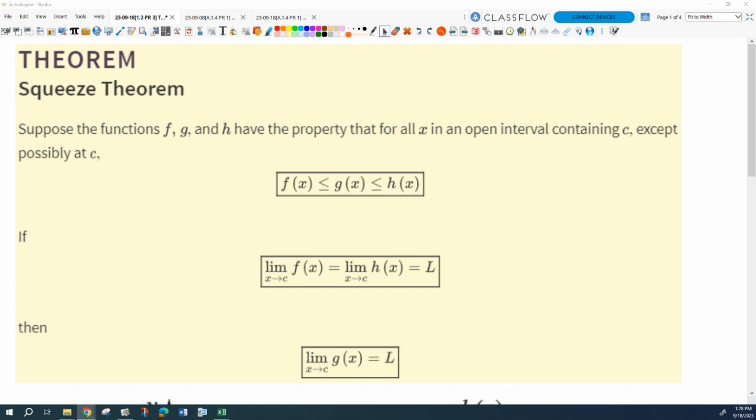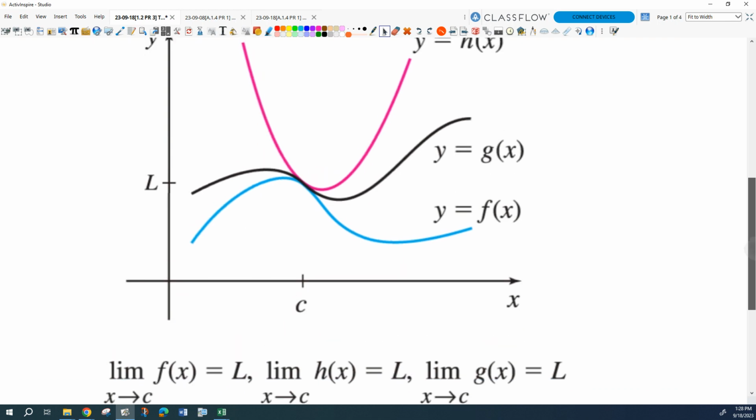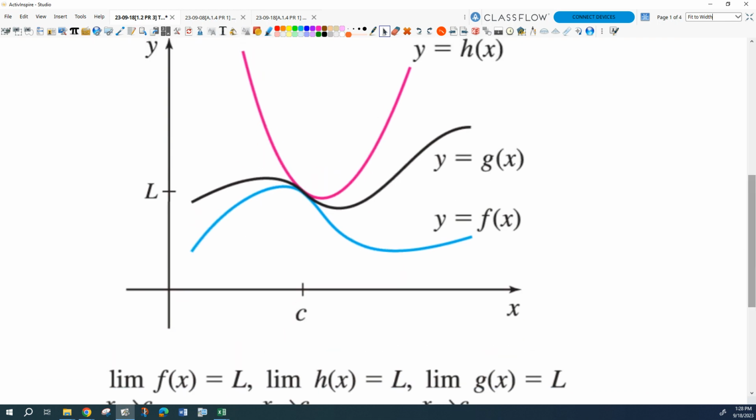If g of x is squeezed in between those two and both of their limits approach L as x approaches c, what do you think must be true of g of x? Got to be the same thing, doesn't it? It has to have the same limit. And you can see this with a picture, I think, more easily.